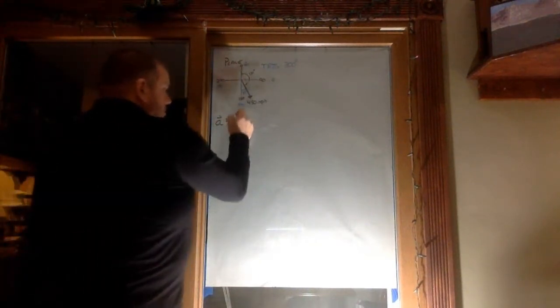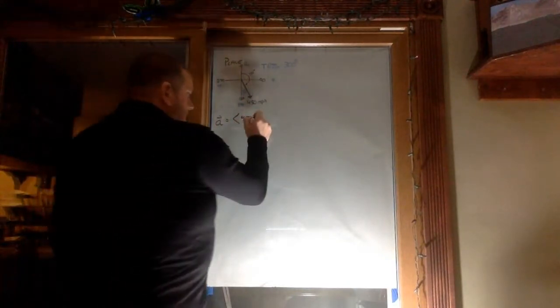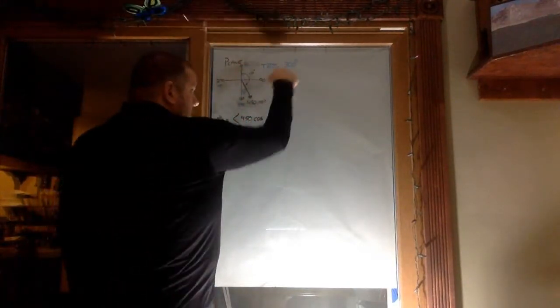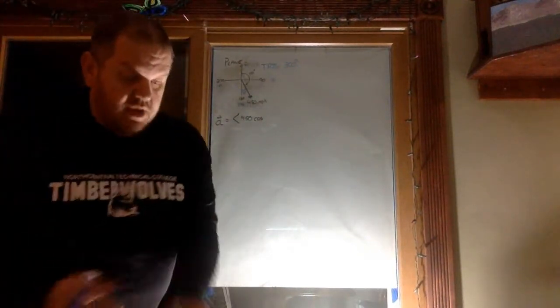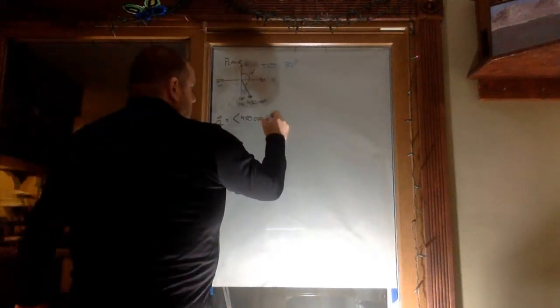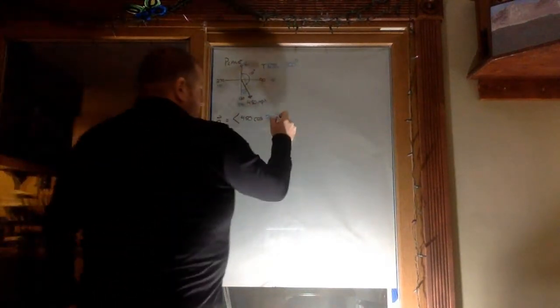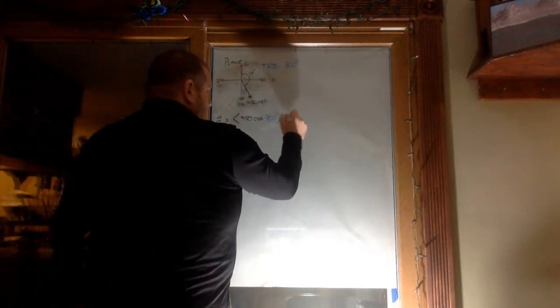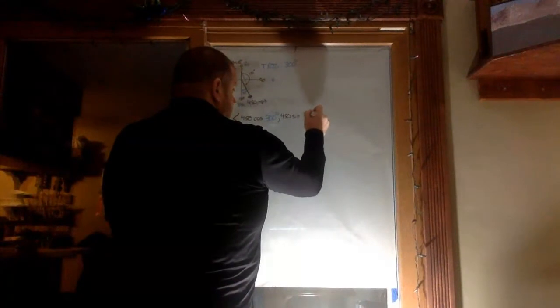Okay? So that vector is going to have a magnitude of 450 times the cosine of my trig angle, 300 degrees, and 450 times the sine of my trig angle, 300 degrees.